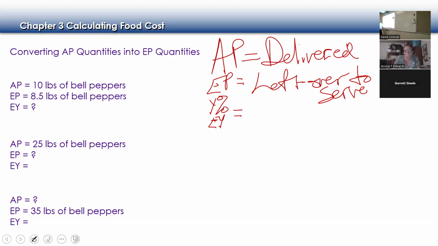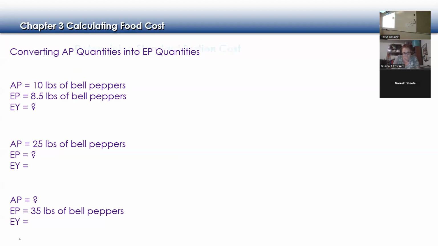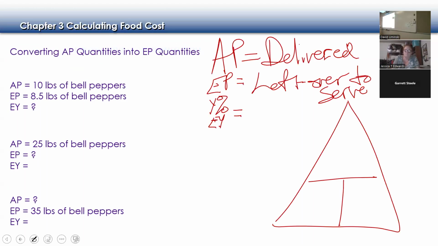And guess what? We're going to use the triangle. Same formulas. This is division, just like before. This is multiplication, just like before. We have our yield percentage or edible yield.